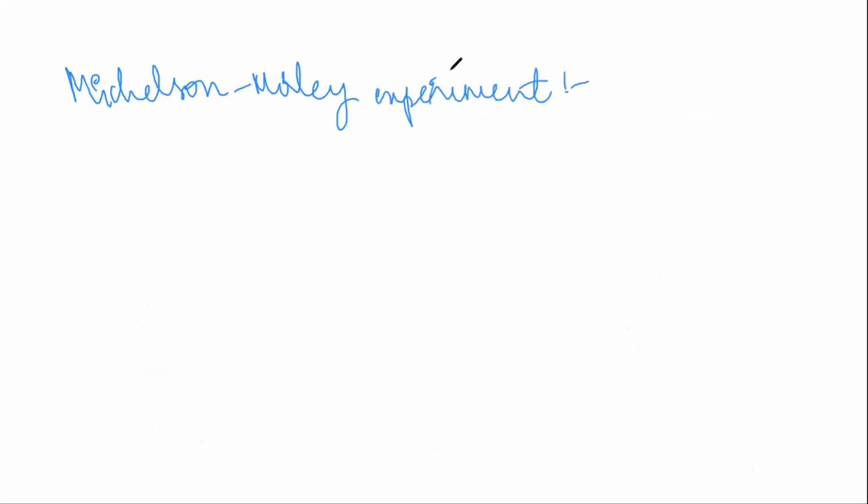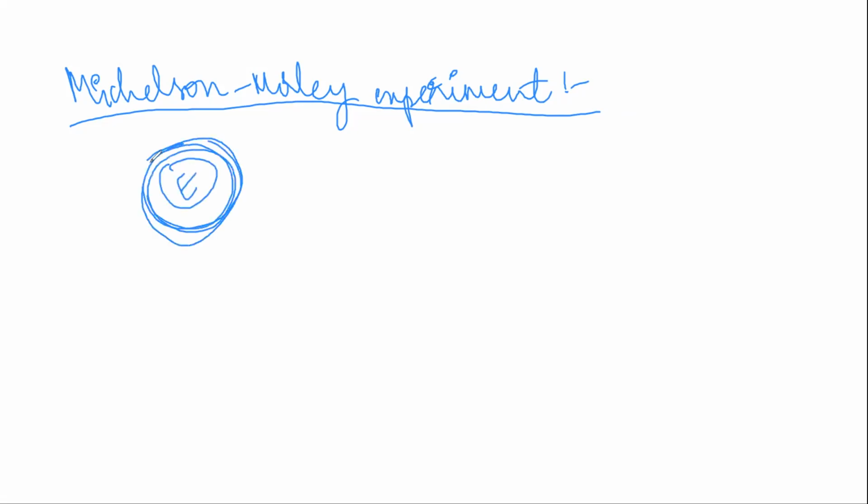Now let us go for the Michelson-Morley experiment. Okay. What is the Michelson and Morley experiment? As I have discussed in the previous class, by accepting the wave theory of light, Michelson and Morley, along with Lorentz, thought that there is a medium surrounding the earth in space called ether.